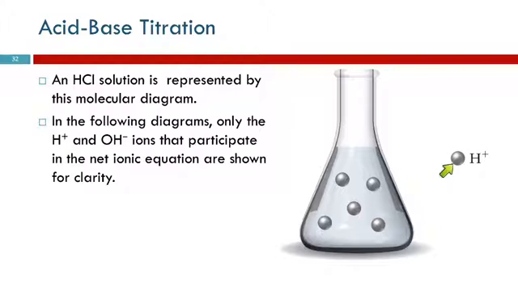Because the hydrogen ion is the only one that participates in the reaction, we're not going to draw the chloride ion because it just sits around and doesn't do anything. So there would be chloride ions in there, but we're not going to draw pictures of them. So here we have this flask with hydrogen ions and water.